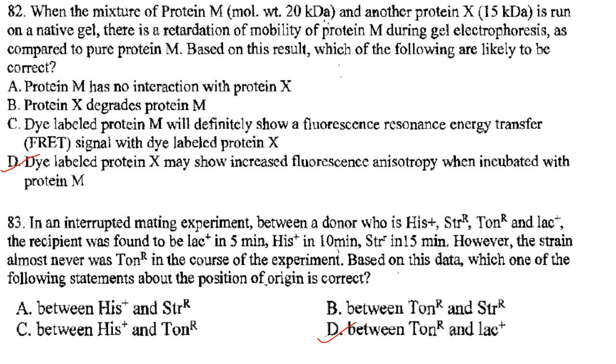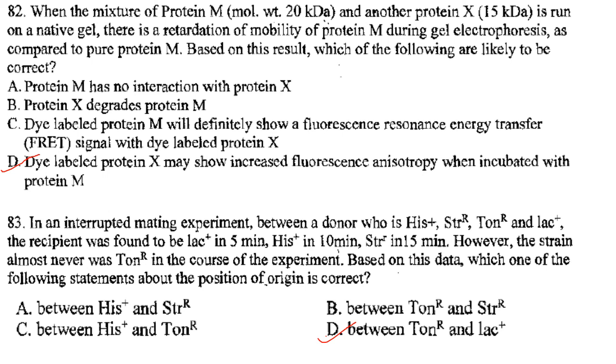So protein M has no interaction with protein X. That cannot be true, because when protein M is run alone, there is no retardation in mobility, whereas when it is run along with X, there is retardation of mobility. So there is some interaction between M and X. Then protein X degrades protein M. That doesn't happen here. Only retardation of mobility is seen.